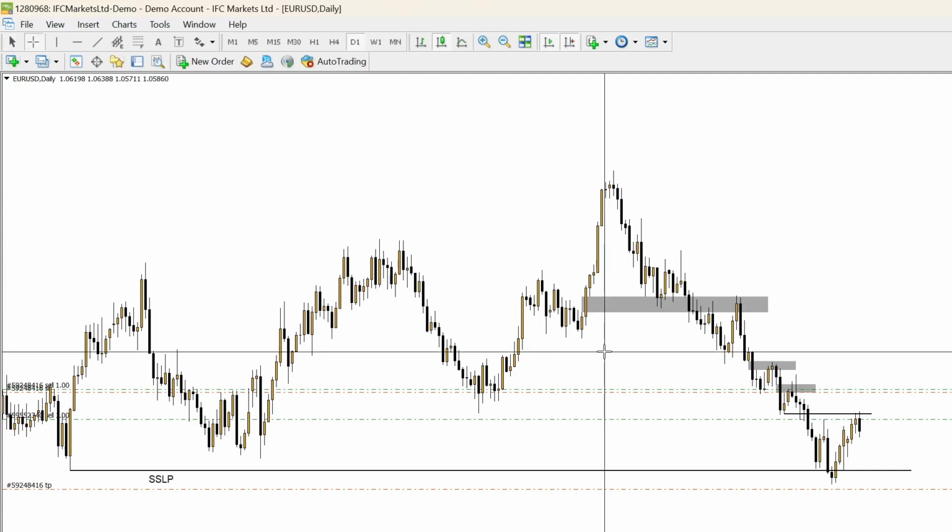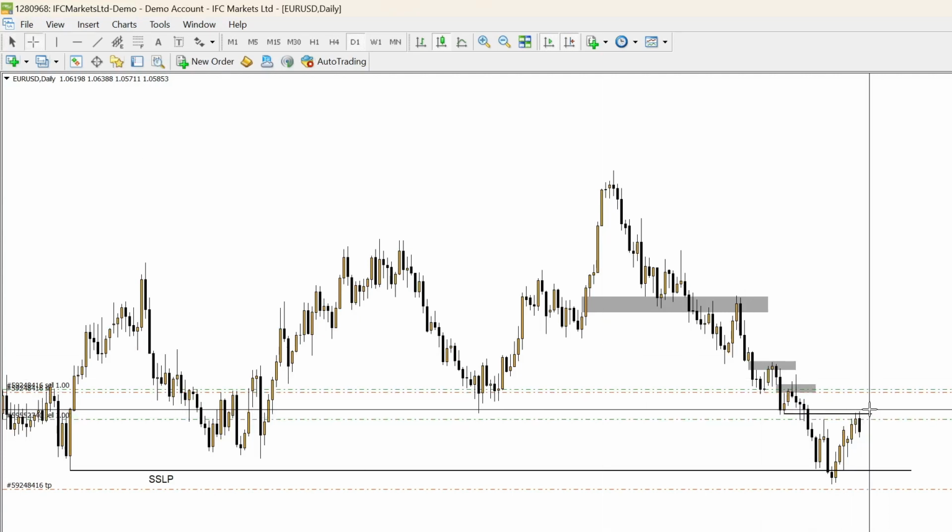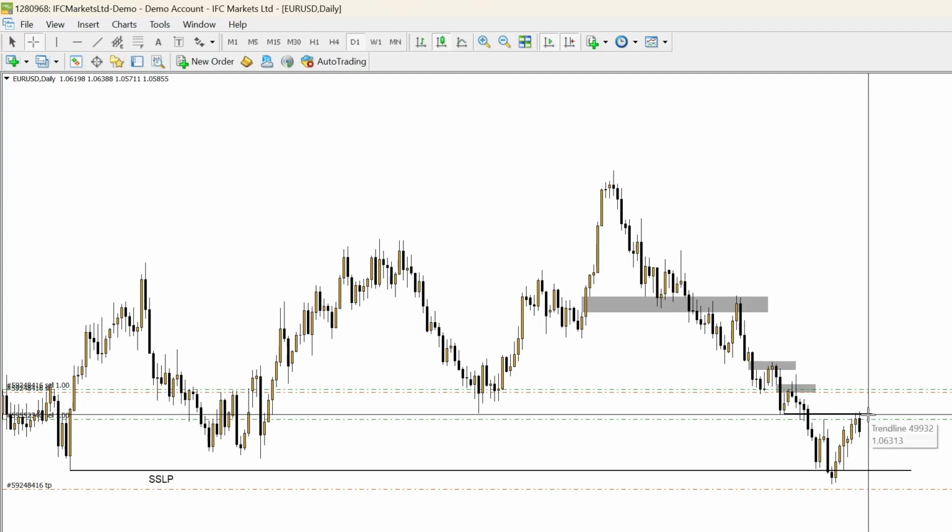The pricing element at the order block is 1.06300. That's a big figure in and of itself.